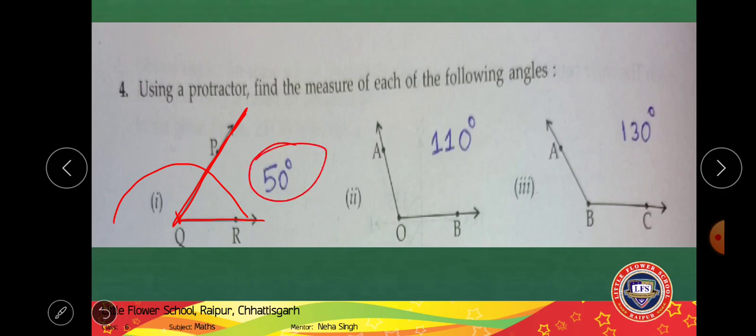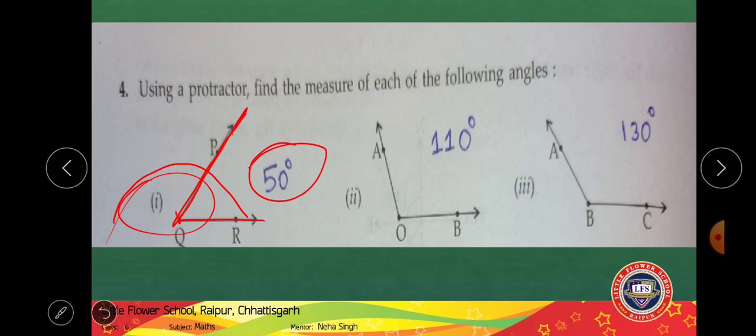For this you will see it is 50 degree. The ray of your angle is coinciding with the line of 50 degree in the protractor. So the value of this will be 50 degree, right?